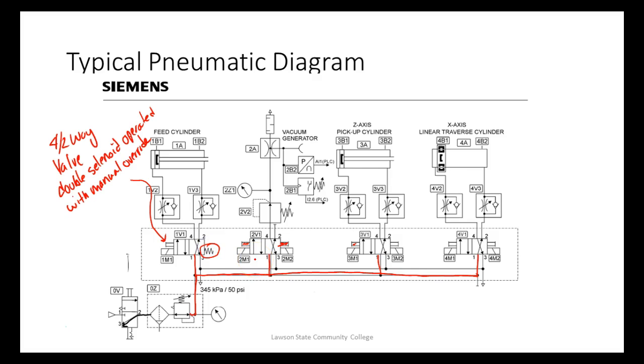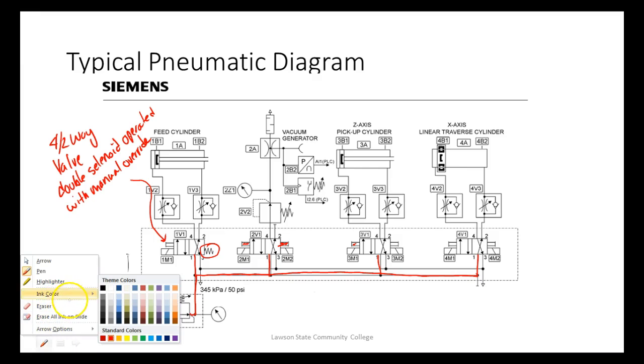Are you okay with that? So this is basically what the line puts together. It puts a four two-way valve together. It's manually operated with spring return. Are we okay?